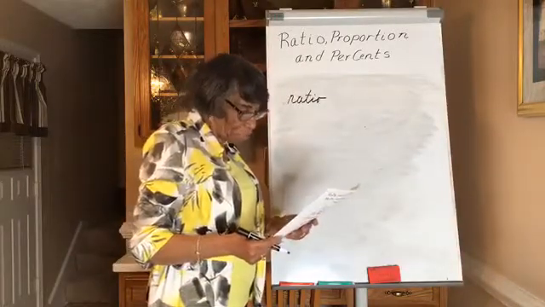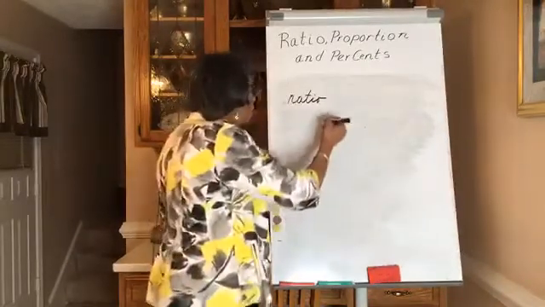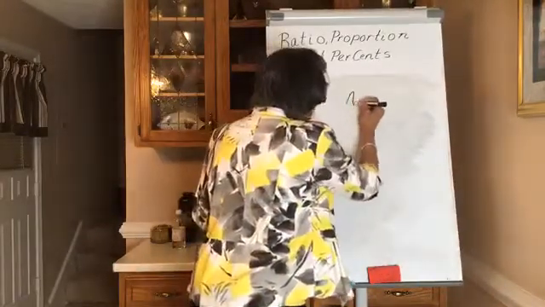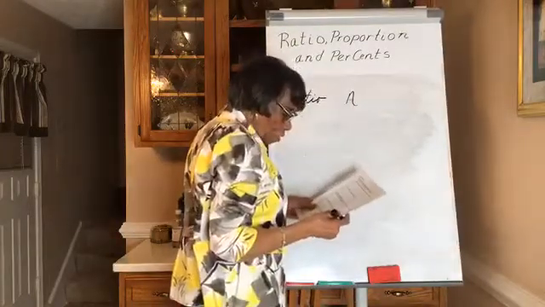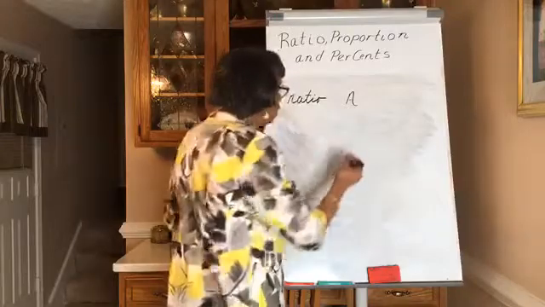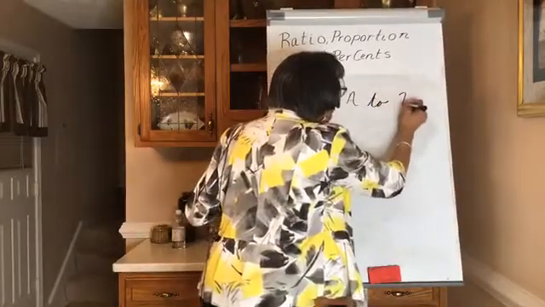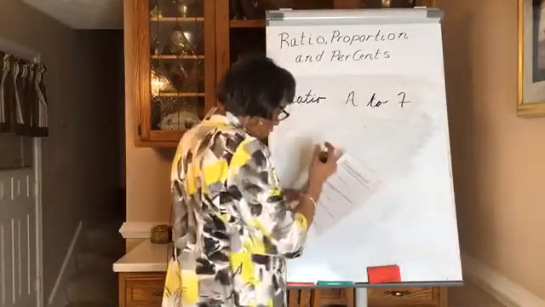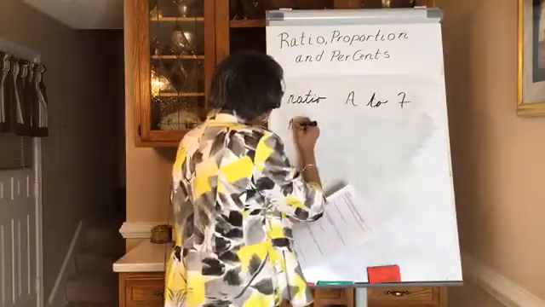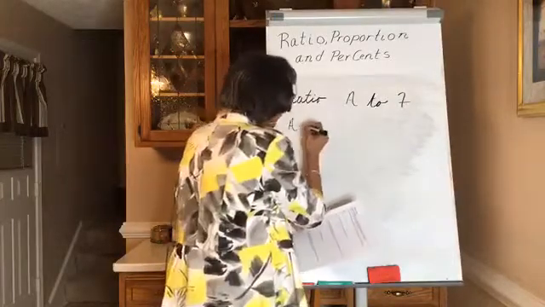All right, write a ratio for the number of students who received A to the number of students who received F. Okay, so now I just need some information. The A students, there were 3 students.